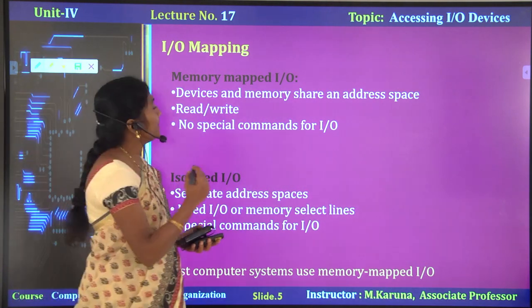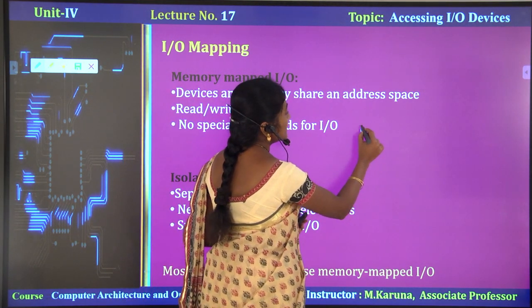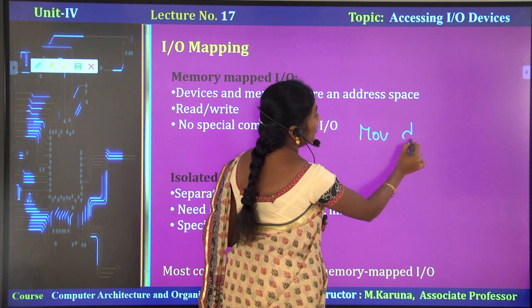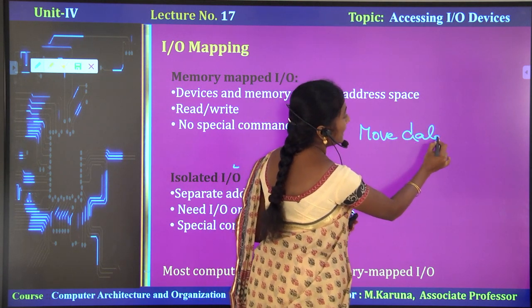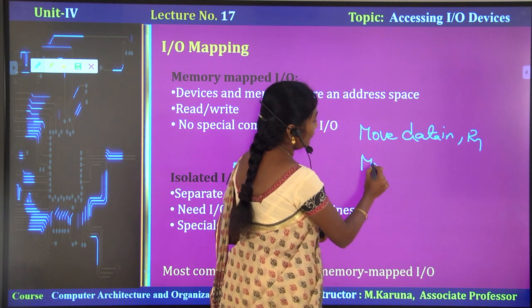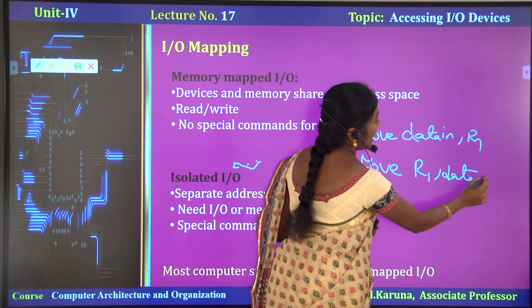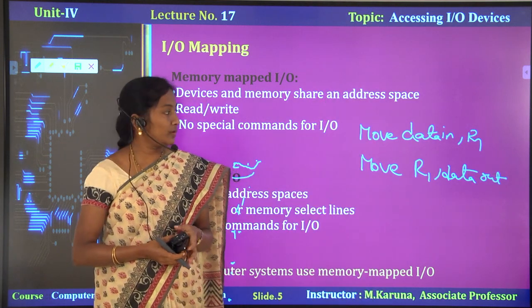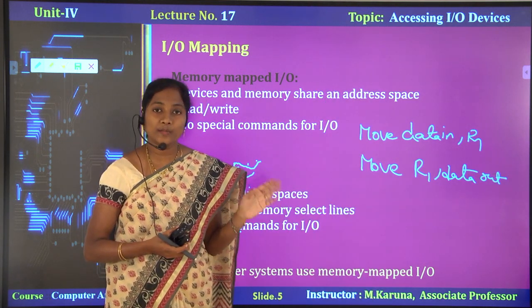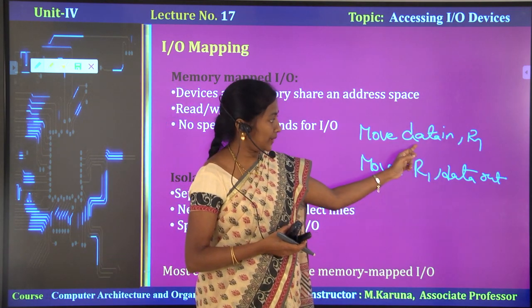In memory mapped I/O, we use some instructions: Move data in, comma R1, and Move R1, comma data out. We discussed these two instructions in the previous video. The data in register is available in the keyboard.